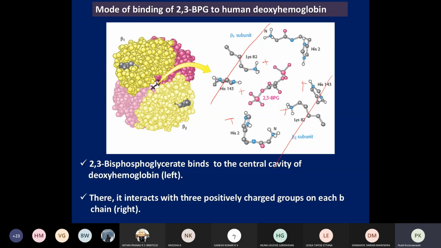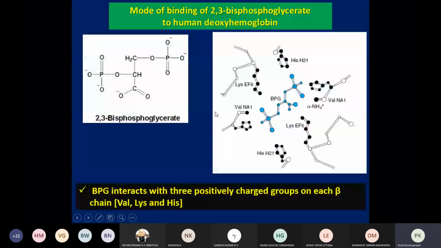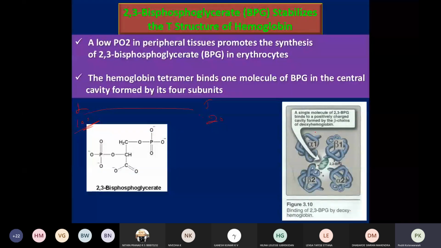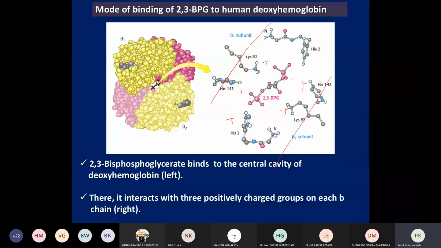In the sense, this 2,3-BPG pocket is present between the two beta subunits, and since it is a negatively charged molecule, it interacts with the positively charged amino acids, mainly histidine 2, histidine 143 and lysine 82. As a result, it makes a cross link between the two beta subunits, and you can see here the two beta subunits. As a result, the T state is stabilized.